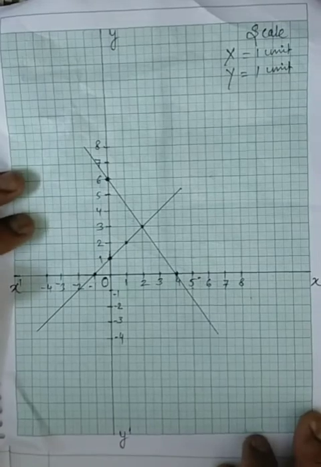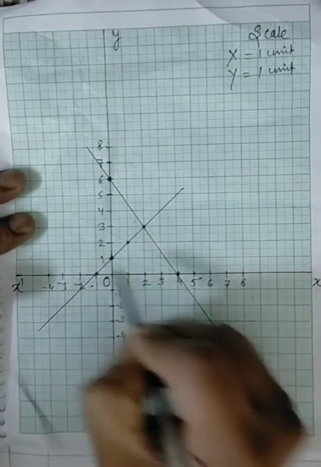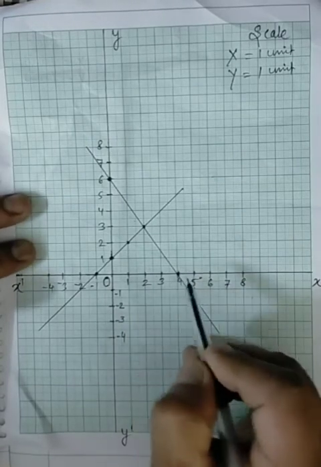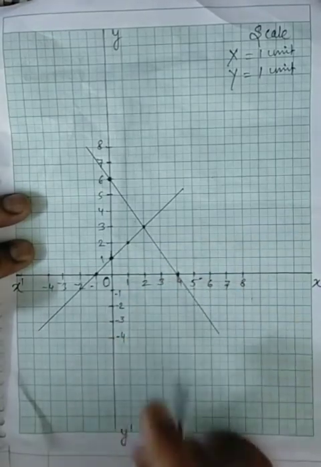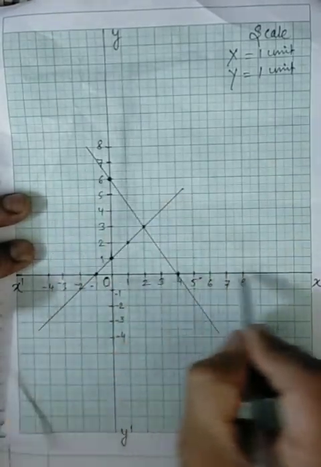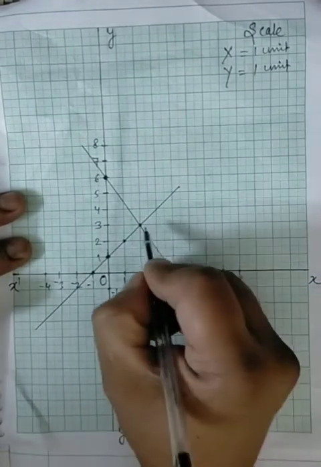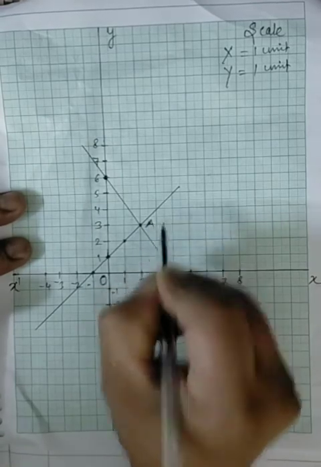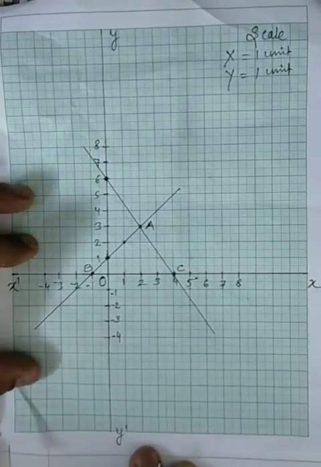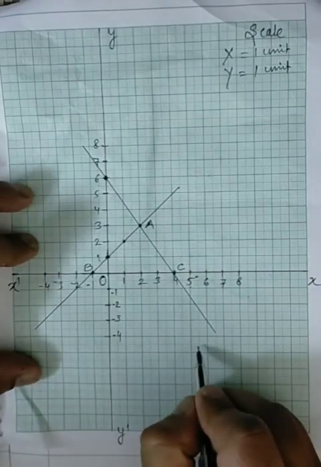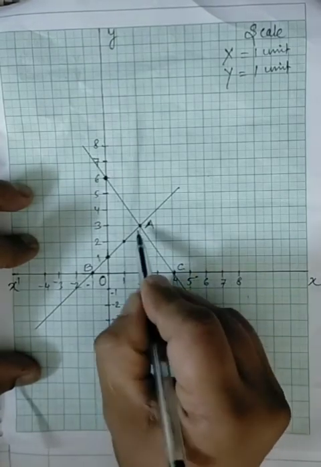Now children, you can see here we have got a triangle formed by 3 vertices, this one and this one. So we have to write the coordinates for the vertices of triangle formed by 2 lines and the x-axis as we are given in the question. So let us name it A, this point be B, and this point is C. So the coordinates of A is equal to 2, 3.